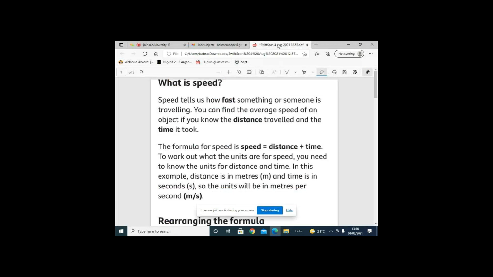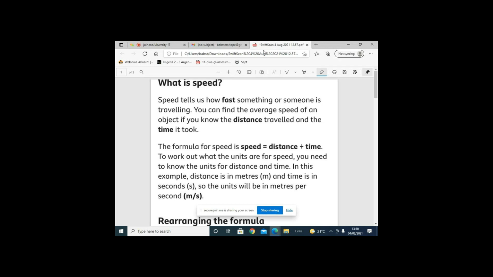Okay, I will continue. Just to recap what I said earlier, we are doing compound measures like speed, density, and rate of flow. I said speed is how fast you are traveling, and the formula for speed is distance divided by time.